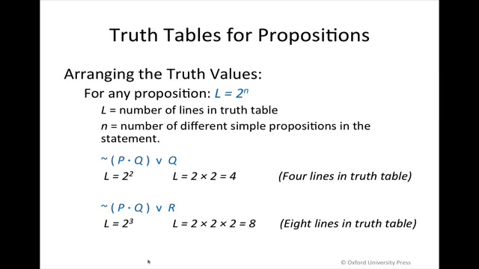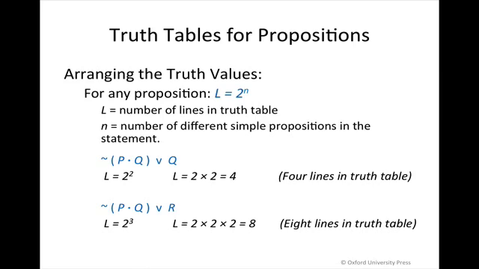So first we need to understand what sort of truth table we're going to construct. And by that I mean we need to know how many rows of a truth table we need for a given sentence. So the way that you determine the number of rows of a truth table for a sentence is by way of each of the simple sentences.